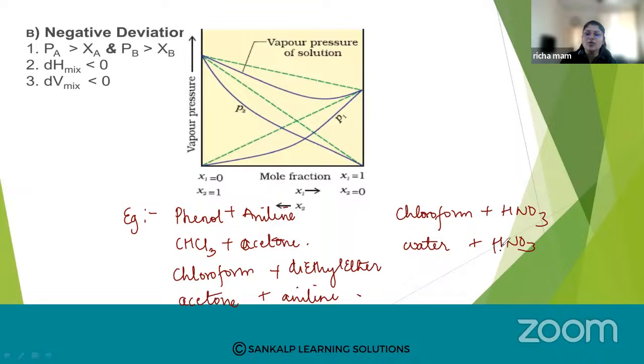So these are some of the examples of negative deviation. So this is a graph of negative deviation.